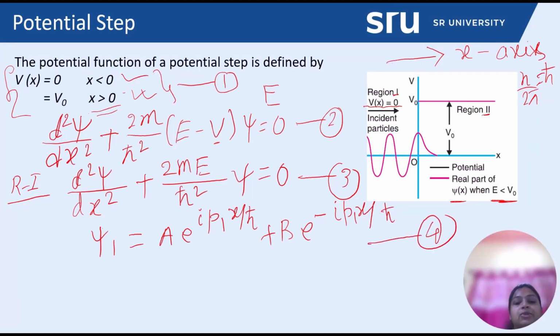Here a and b are constants, and p1 is square root of twice m E. We know that kinetic energy E is half m v square, or p square by 2m.